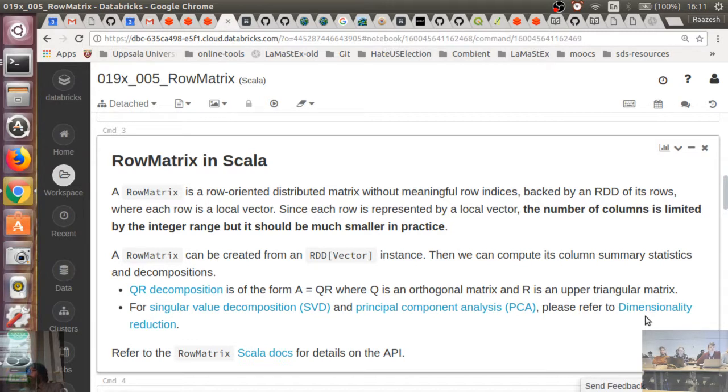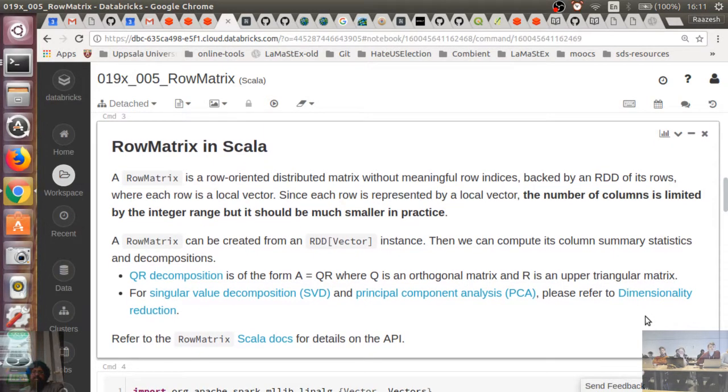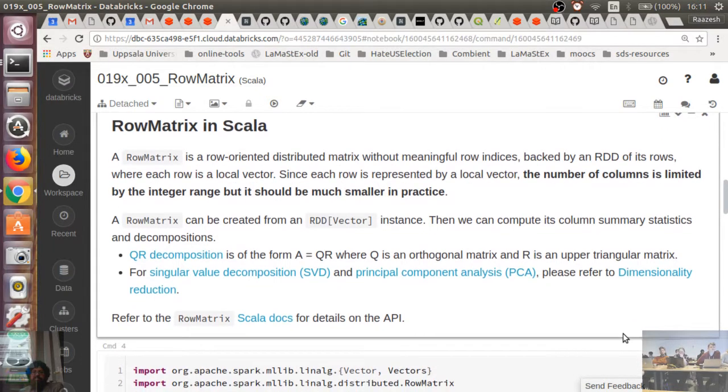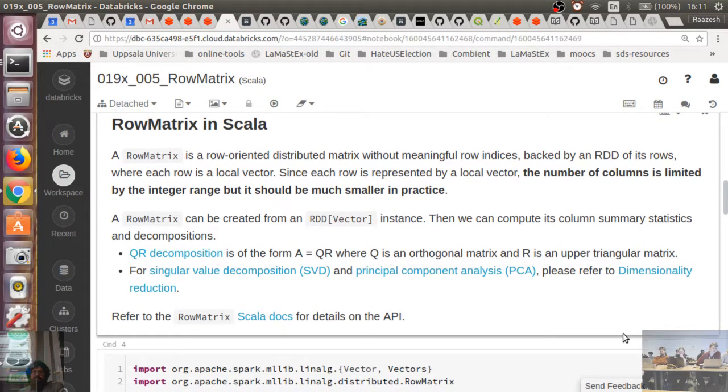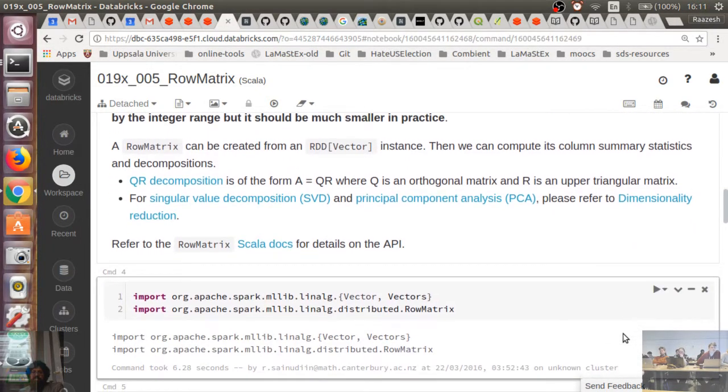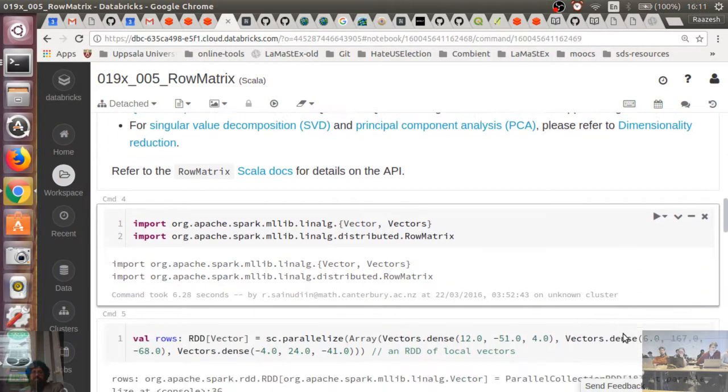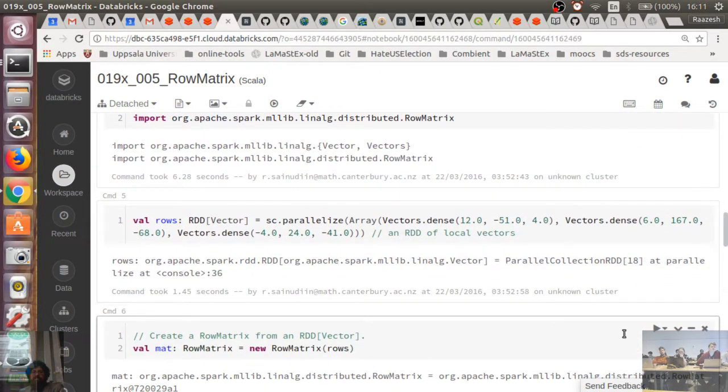In the end, you're just interested in row-specific operations, not necessarily keeping track of indices. Then you can compute column summary statistics. QR decompositions, SVDs, and various dimensionality reductions use the structure.